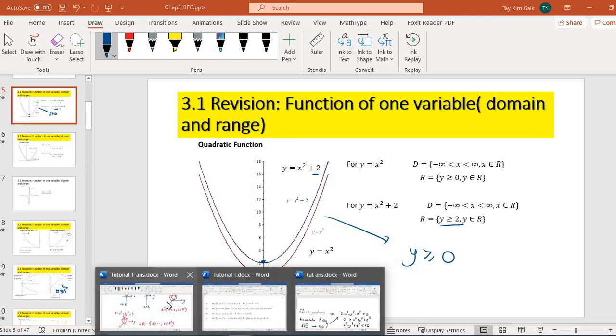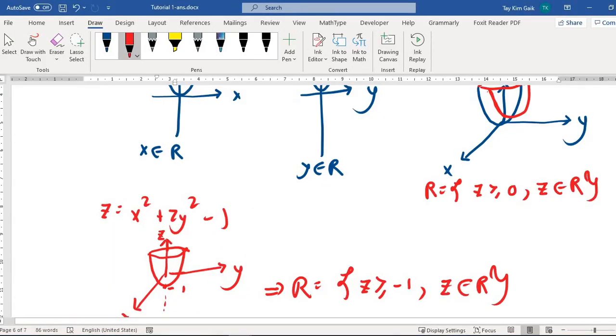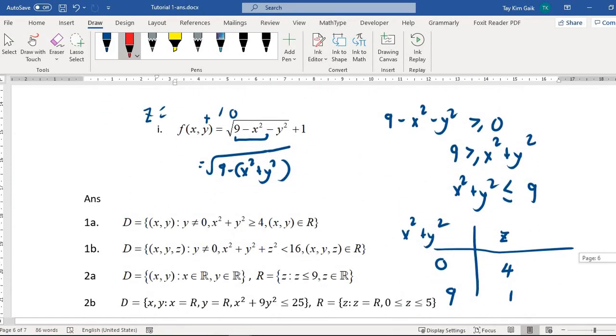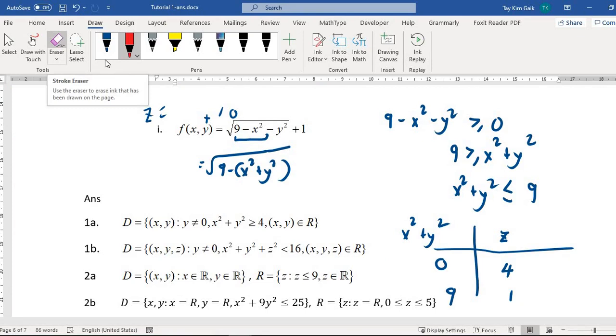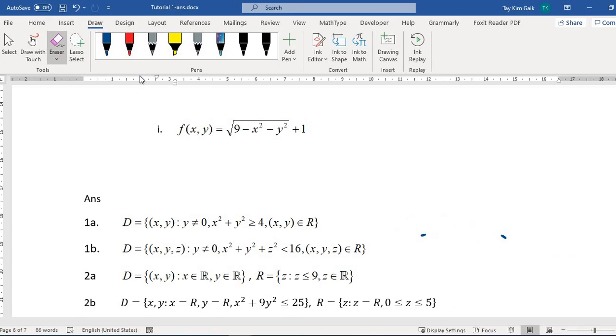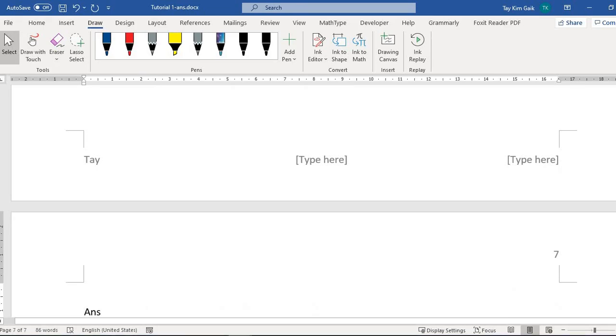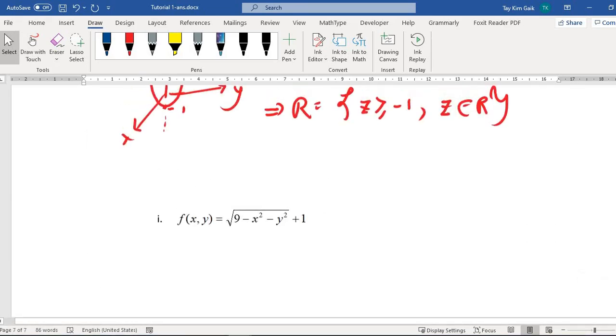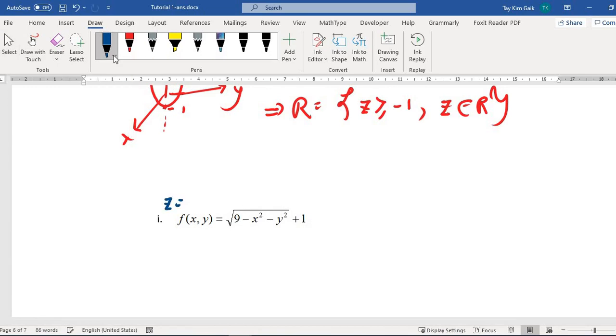Now we have one that is 3D. I have this one: z equal to f(x,y) equal to the square root of 9 minus x squared minus y squared, plus 1.